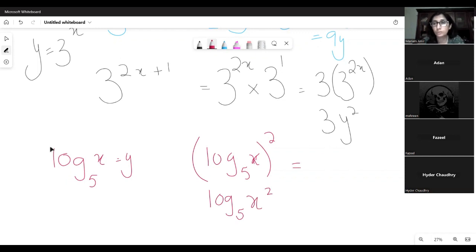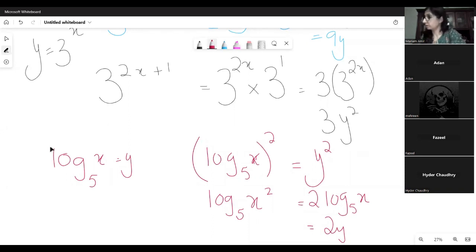The first one would be y whole square, so that is just y square. In the second one, the square is only on x, not on the complete expression log base 5 of x. So here you first use the property of log, 2 times log base 5 of x, and then that is 2y. I think we've discussed all that needed to be discussed before we start question 15.